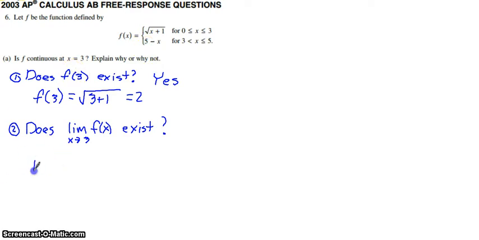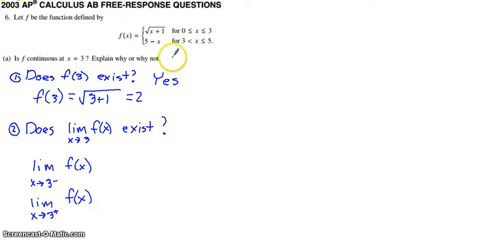So since this is a piecewise function, we're definitely going to have to break this up into one-sided limits. We're going to have to consider approaching 3 from the smaller side on f of x, and also approaching 3 from the bigger side on f of x. So if we consider these one-sided limits, on the smaller side of 3, x values beneath 3 are here, so we're going to use the top definition of the function, and if I can get away with it, I want to put the x value I'm approaching in place of that x and see if I get an answer.